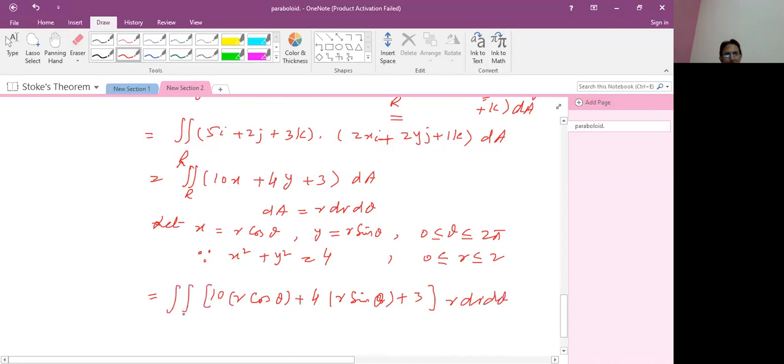The limit of r is 0 to 2 and the limit of theta is 0 to 2 pi.